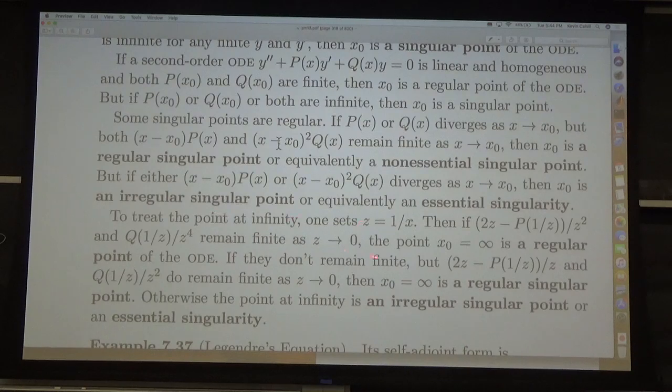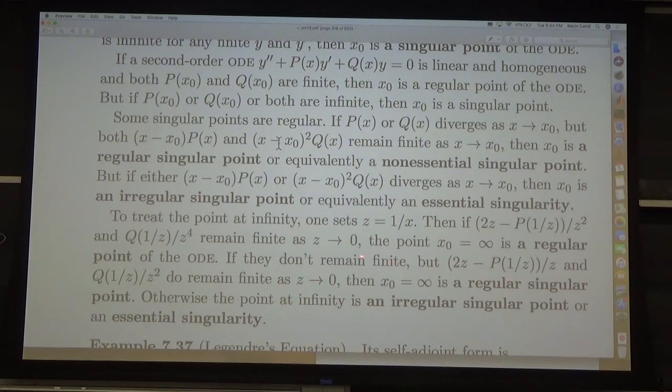So to treat the point of infinity, you set z equal to 1 over x, or x equal to 1 over z, and then you take these derivatives and turn them into z derivatives. And then what you've got is that if these two quantities remain finite as z goes to 0, and then x goes to plus or minus infinity, then x0 equal to infinity is a regular point.